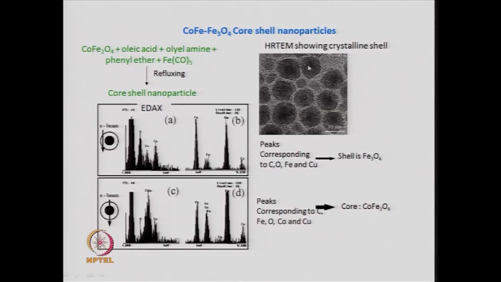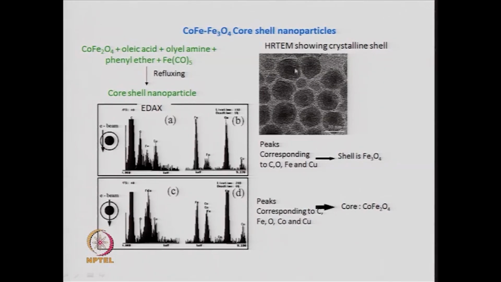The core at the center is made of cobalt and iron, and the shell is made up of iron oxide Fe3O4. To make these particles, you start with cobalt ferrite CoFe2O4 and use oleic acid and oleylamine, and then phenyl ether and iron carbonyl. If you reflux it, you end up with core shell nanoparticles of this kind.